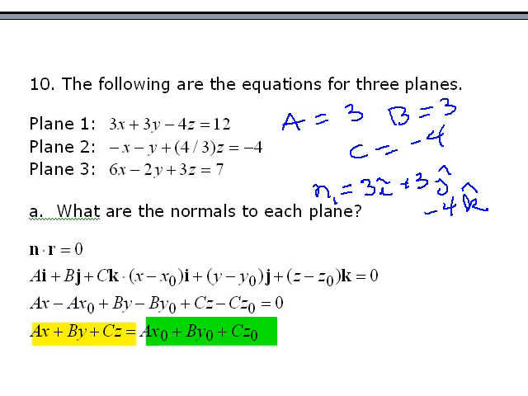And for plane number 3, the a is 6, the b is -2, and the c is 3. So from those equations for the plane, you can just read off the components for the normals and then create the normal to the plane by assigning them to ijk's.